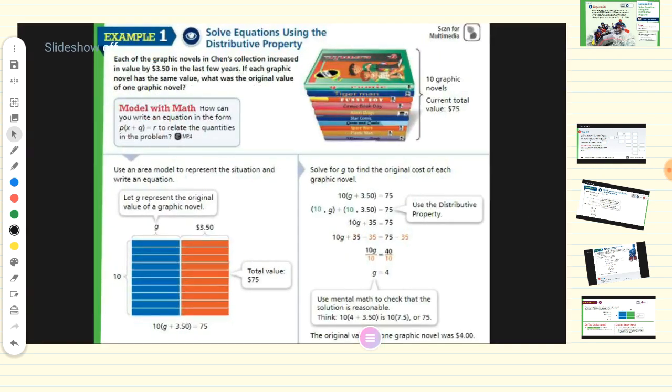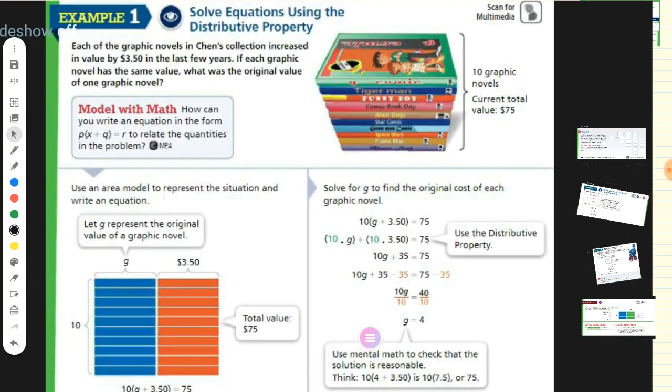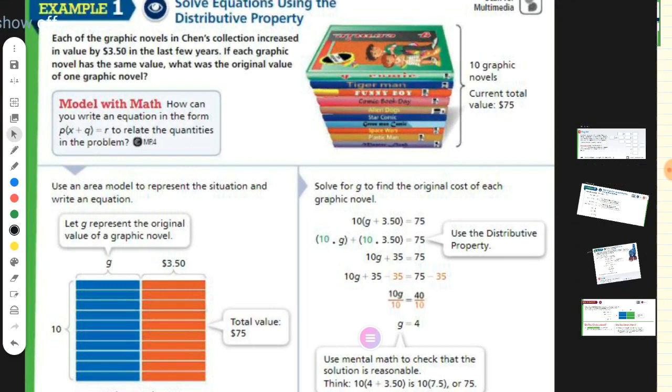Example number 1. Each of the graphic novels in Chan's collection increased in value by 3.5. Okay, so I have 10 graphic novels. The current total of all of them equals 75.